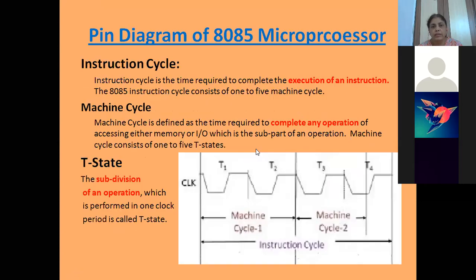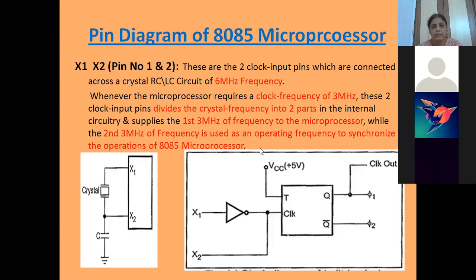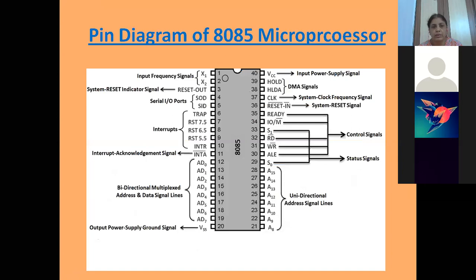Now next इसमें we have these 2 pins left. These 2 pins now we will discuss. That is hold and HLDA pin. Okay, these hold and HLDA pin, जैसे अभी मैंने बताया कि hold pin is basically initiated by, or signal is from DMA.